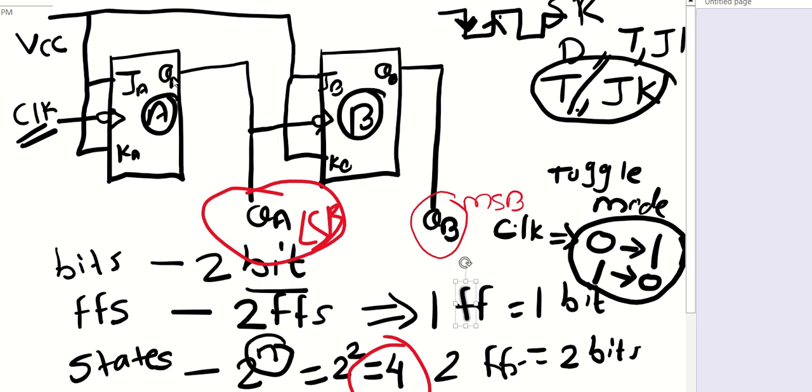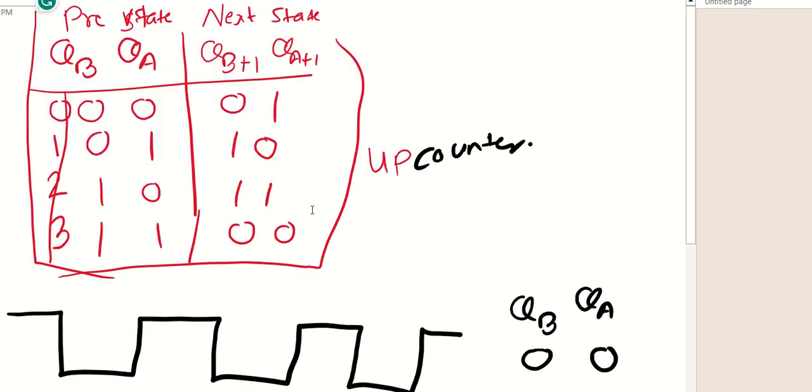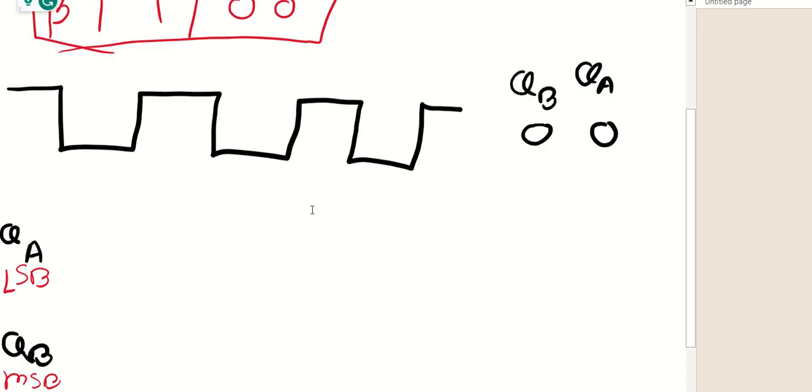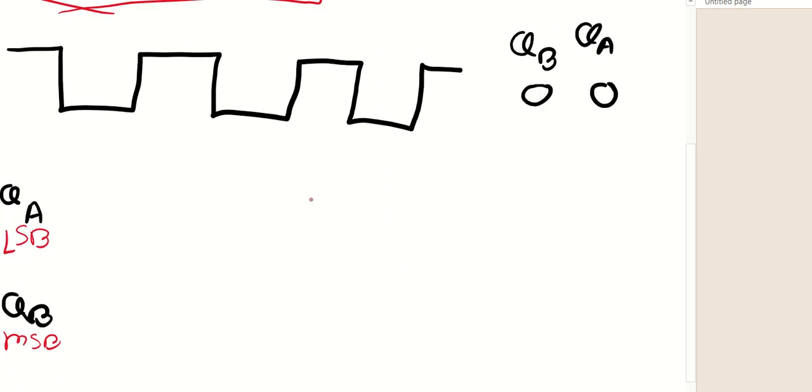Okay. So on the basis of clock edges, negative clock edges, which output will change? QA output. Okay. So on each of these clock edges, this is a negative clock edge, right?